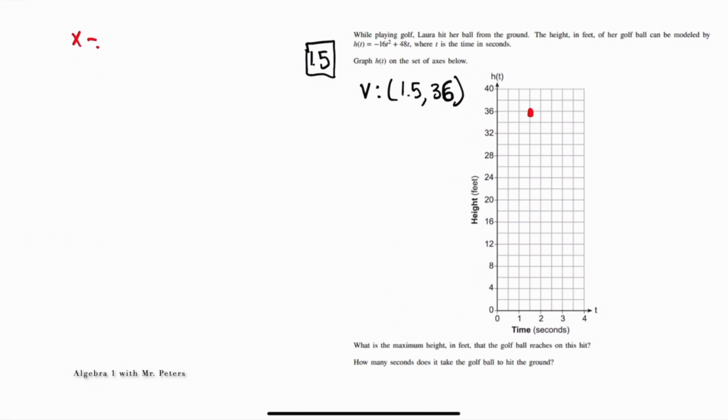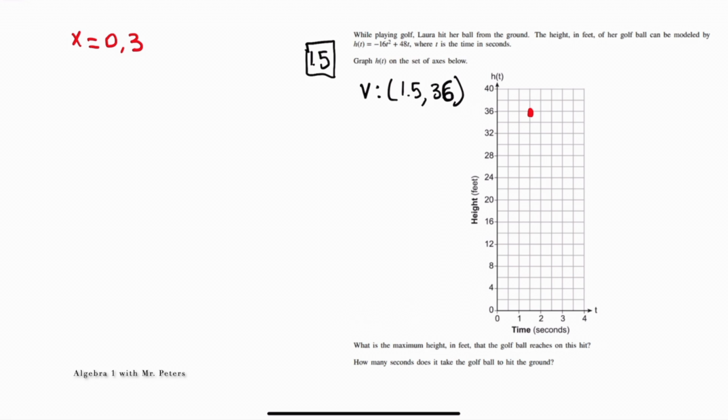So when x is 0, and we look at that compared to the x coordinate of the vertex, we went over 1.5 to the left. So if we go over the same distance on the x-axis to the right, x is going to be equal to 3. So these two x values share the same y coordinate.